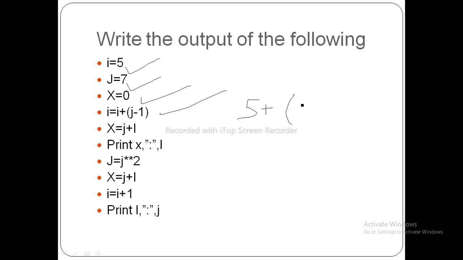So j minus 1 means 7 minus 1, which is 6. So 5 plus 6, what we are getting is 11.